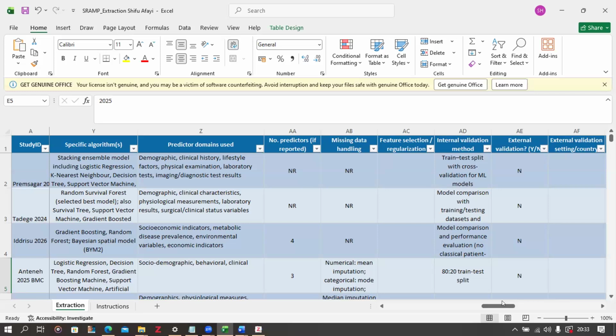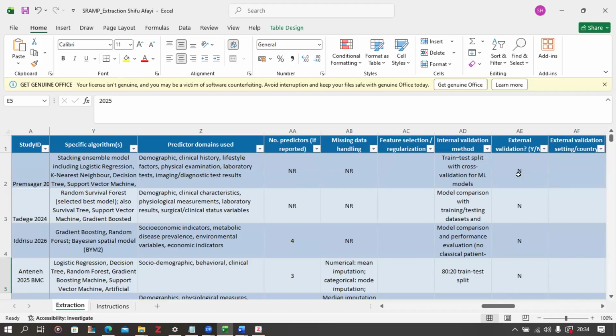That's internal validation. But if that method was used to evaluate data that was not used to produce the model, then that is external validation. But most papers do not report that directly, so I assume that if any paper did not report it directly, then there was no external validation.